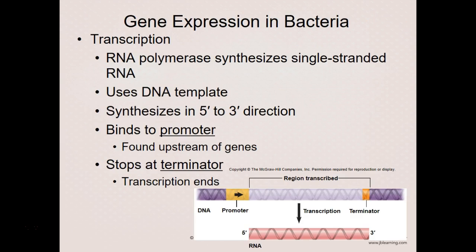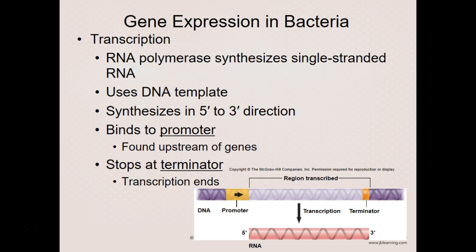So transcription is the first step of protein synthesis. RNA polymerase binds to a single-stranded DNA molecule, so it opens up. It binds to the template strand and synthesizes a single strand of RNA.